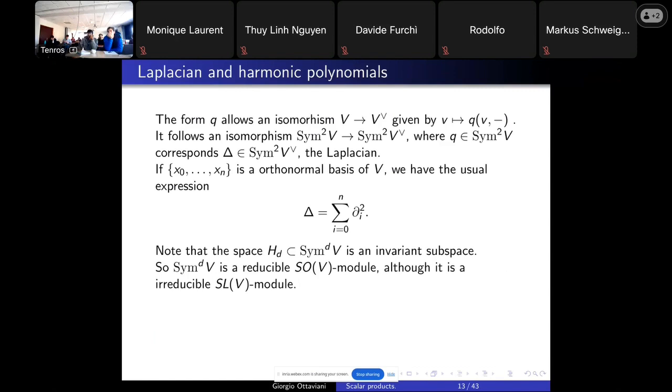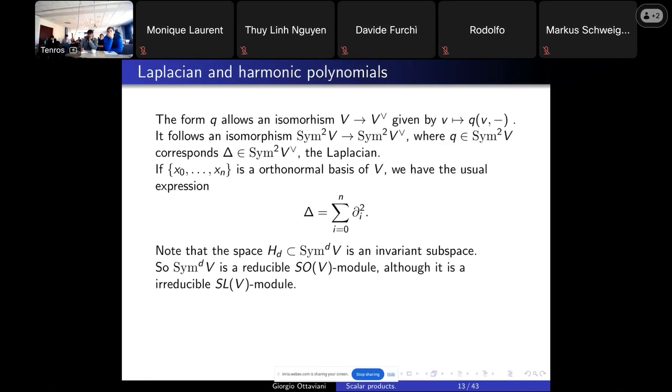You see, the Laplacian takes Sym^d, since it's a differential operator of degree 2, to Sym^(d-2). It is easy to check the Laplacian is surjective on the image. And so this kernel has dimension given by this minus the dimension in degree d minus 2.